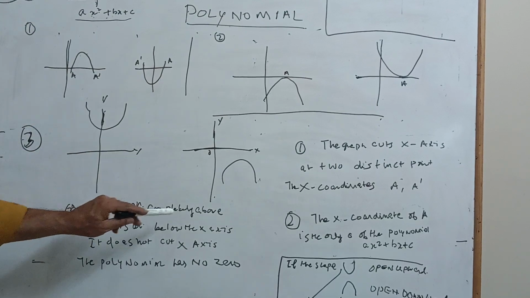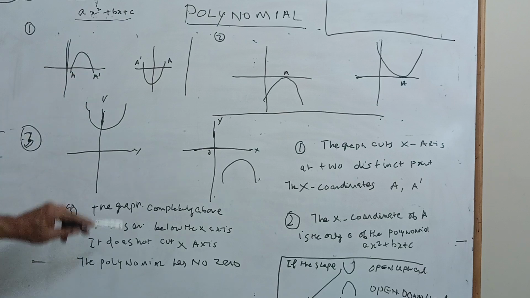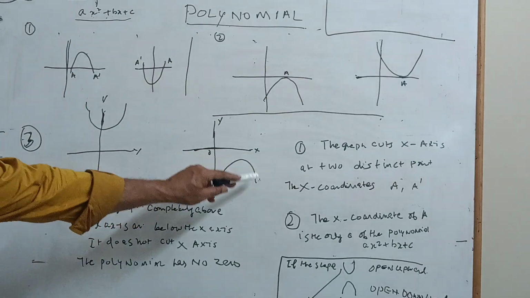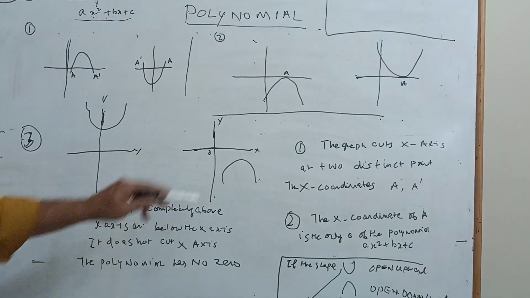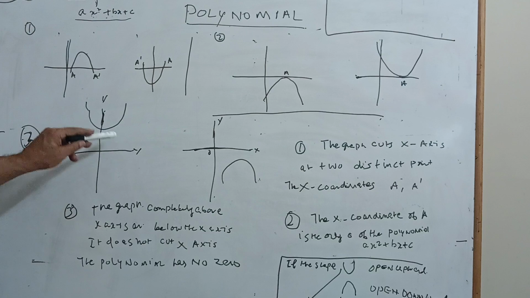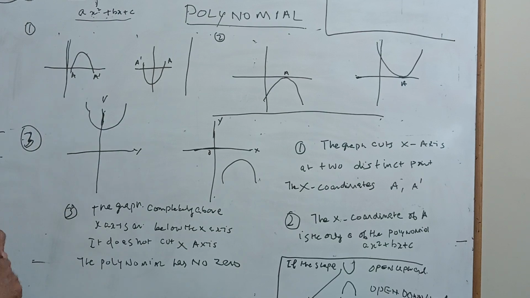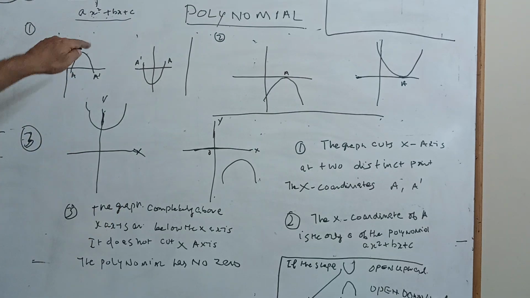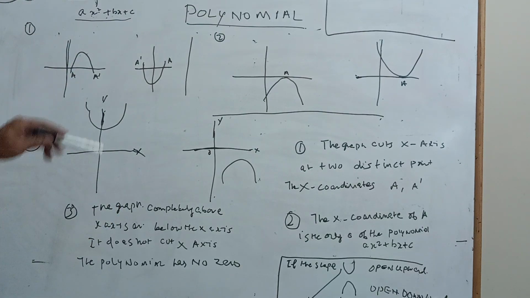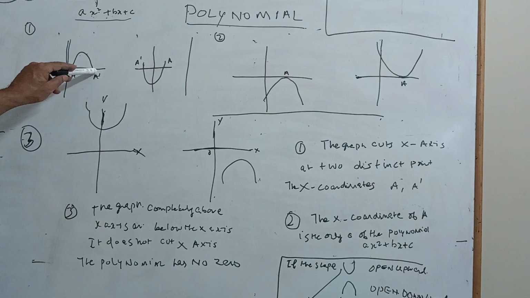The graph is completely above the x-axis, or completely below the x-axis. So there are no zeros in this case because it does not intersect the x-axis. Okay, this is the x-axis.